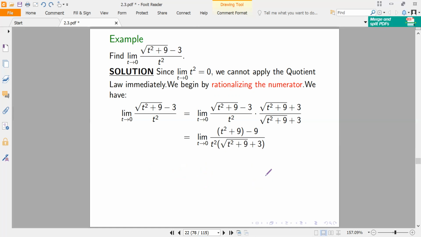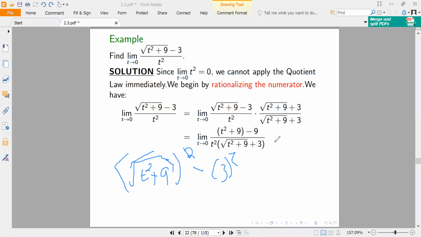Remember, this is our first term, we can put it in brackets, all squared minus 3 squared. Obviously the square cancels the square root, so we're left with just t squared plus 9, then 3 squared is 9.